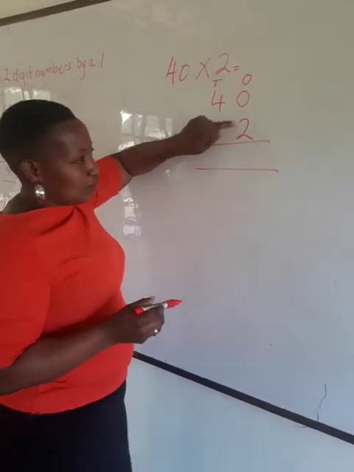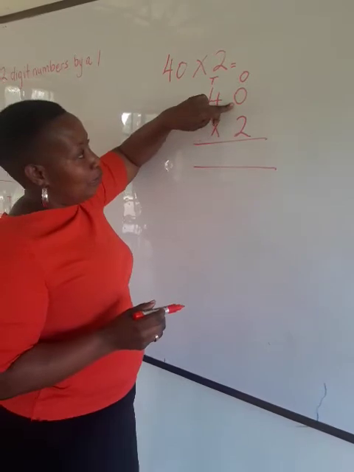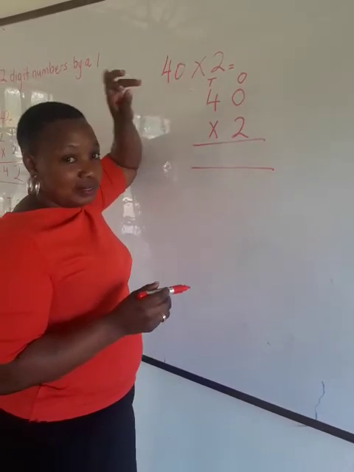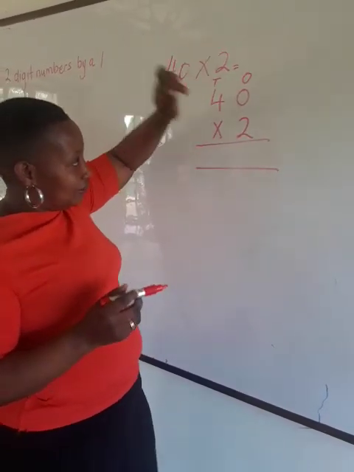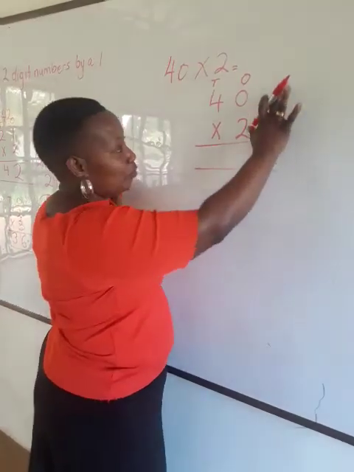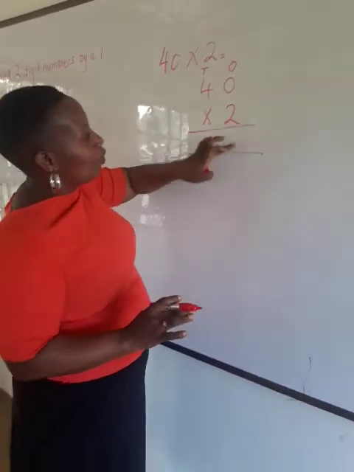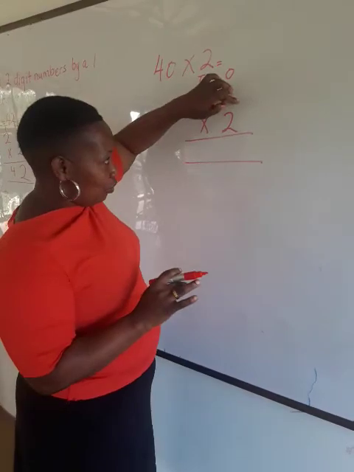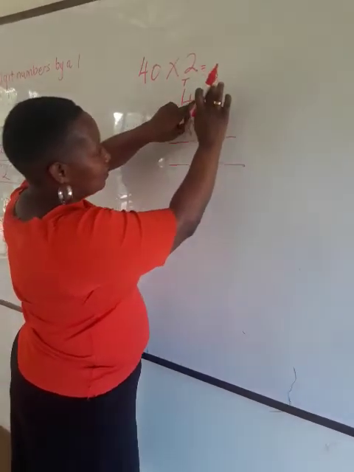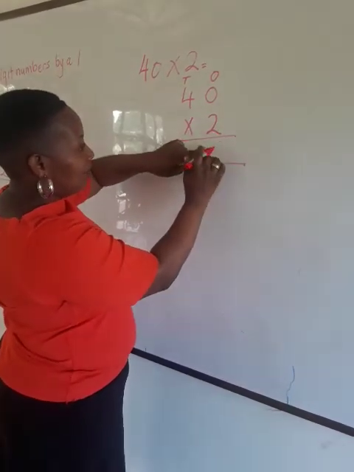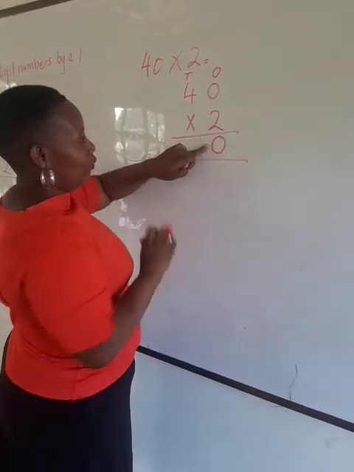So we have 2 times 0. Any number times a 0 is a 0. Whether it is 100 times 0, 1000 times 0, it is a 0. So 2 times 0 is a 0.